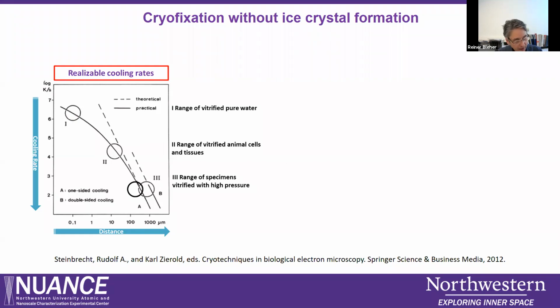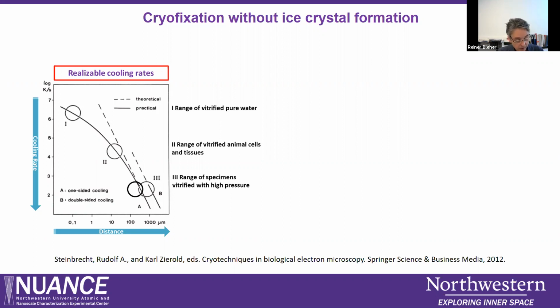But at 10 micrometers distance from the sample surface, only about 10 to the 5th degrees per second, and at a further distance of 1000 micrometers from the surface, the cooling rate goes down to about 10 degrees per second, which is extremely slow.